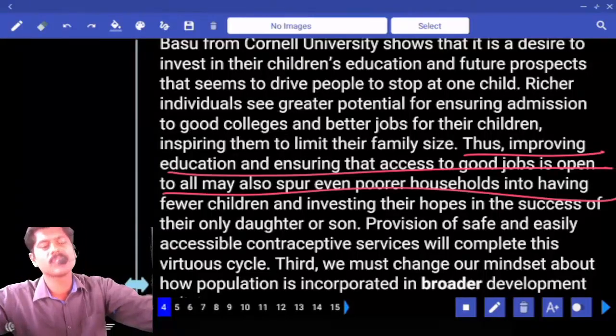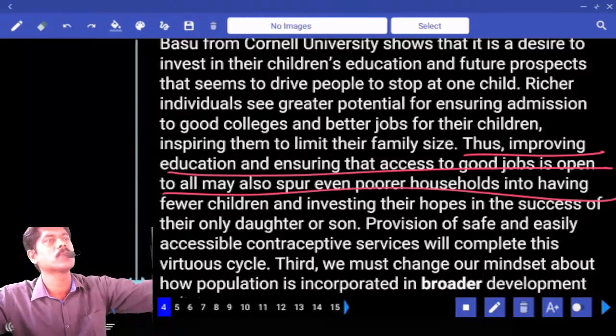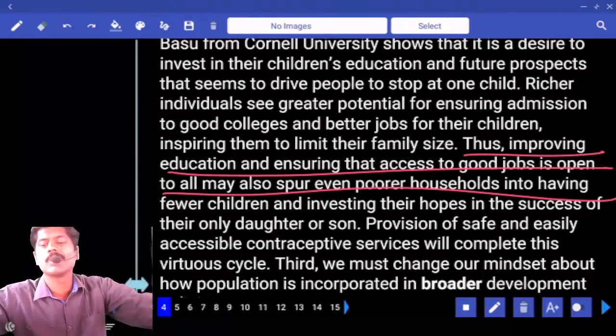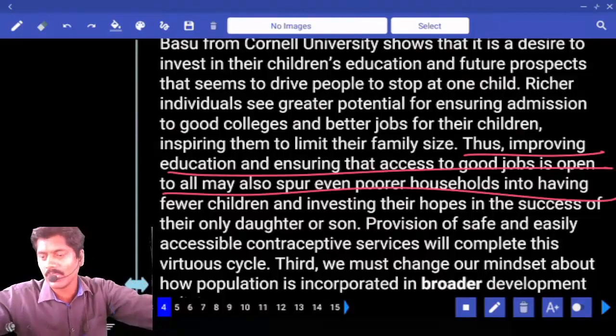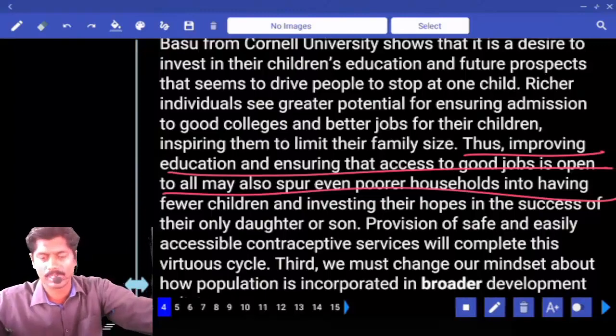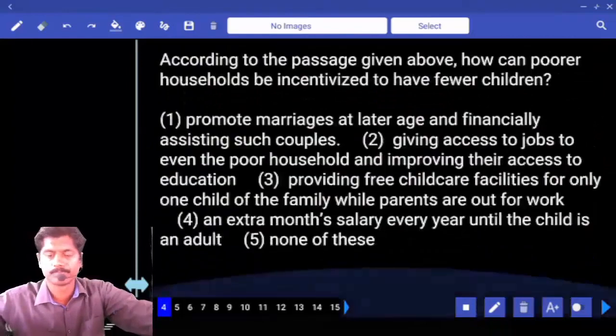What is he saying? If the family is small, they will give free education or good jobs. If you give this incentive to poor families, they may restrict themselves to fewer children and invest their hopes in the success of their daughter or son.